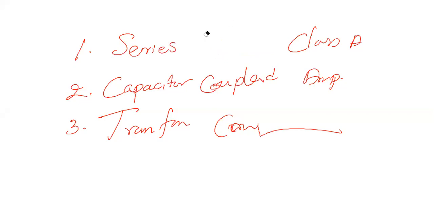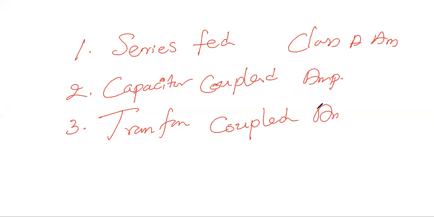First one we call series feed class A amplifiers. Second one we call the capacitor coupled amplifiers. Third one we call the transformer coupled amplifiers. Just write down these three types and then we will discuss them one by one.